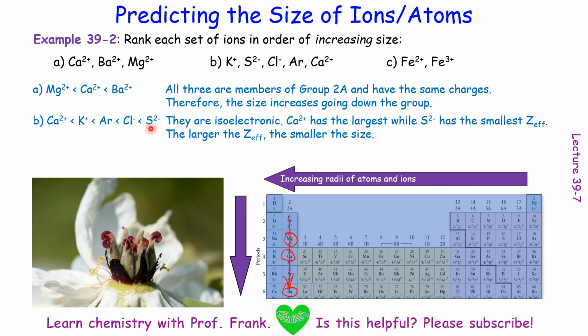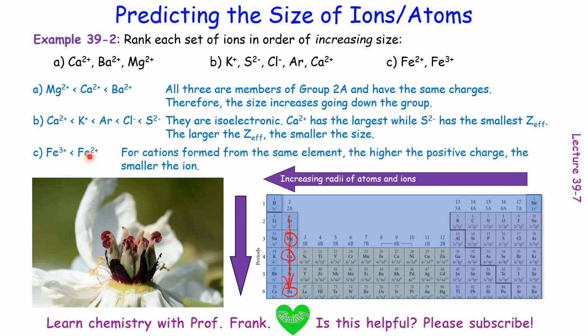So therefore, once you find out the order of those 5 species in Zeff, then the opposite order should be the trend of size.